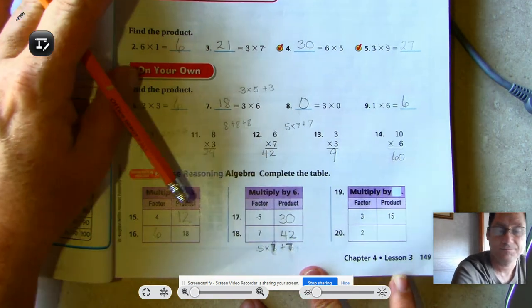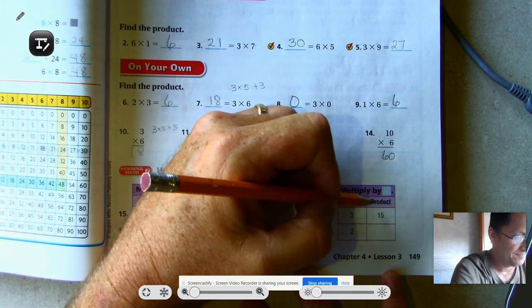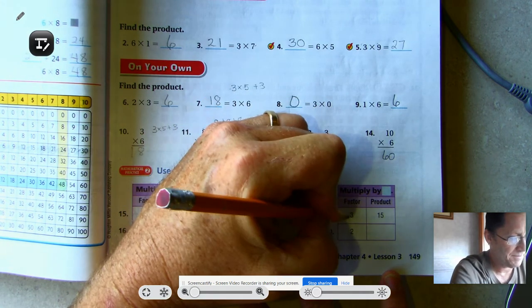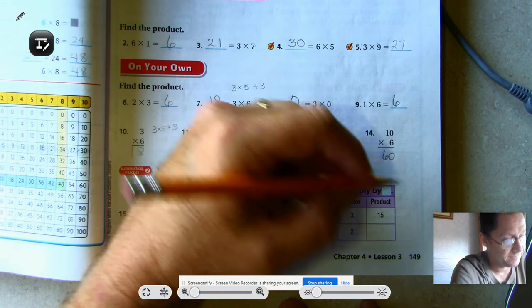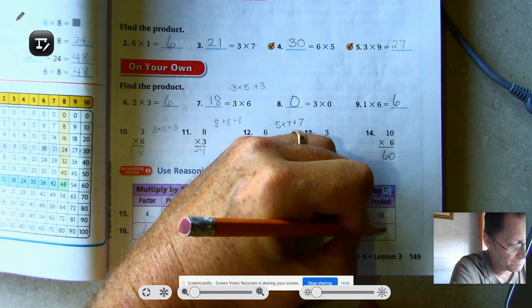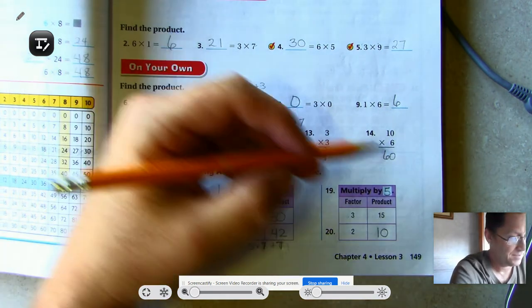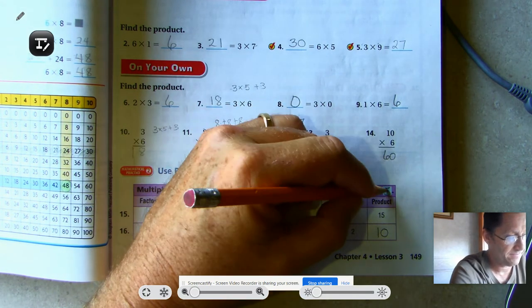Okay, so that's right. In this one, we have to figure out what I'm multiplying by. So 3 times what gives you 15? 3, 6, 9, 12, 15. 5. And 2 times 5 is 10. So 2 multiplied by 5 is 10. 3 multiplied by 5 is 15.